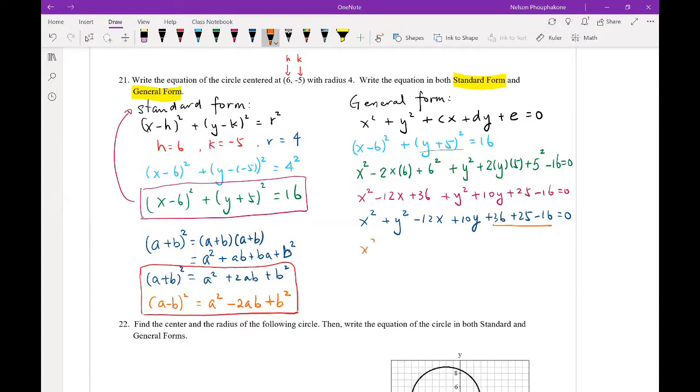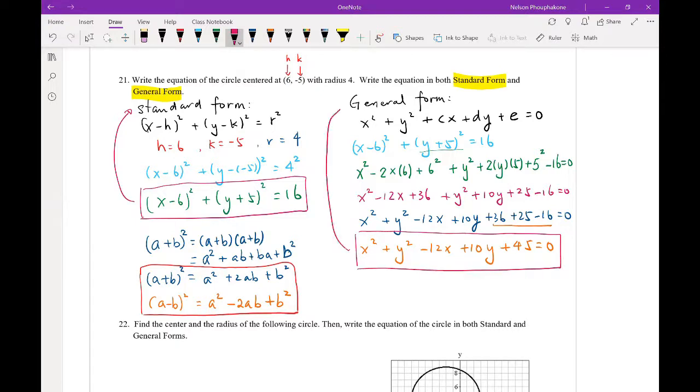Then let us simplify. Now, you could actually write from the standard form to the general form.